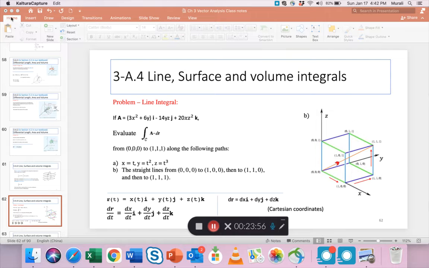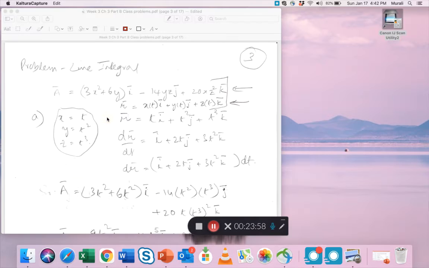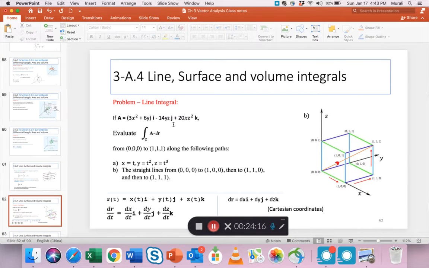Okay, let me go to the solution, and here it is. A is given, and r also is x(t) i plus y(t) j plus z(t) k. We are just copying whatever is given here.